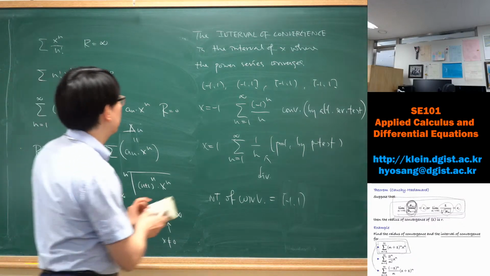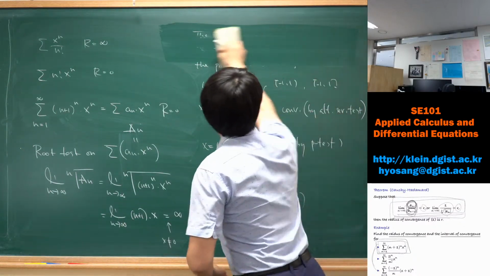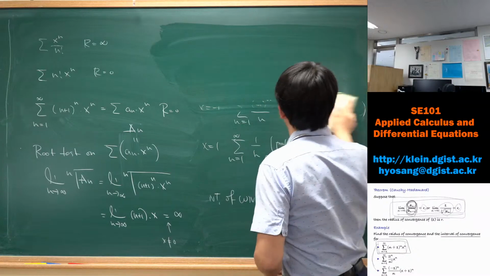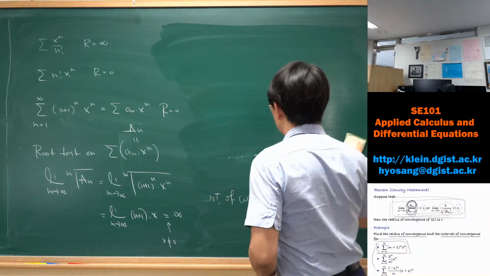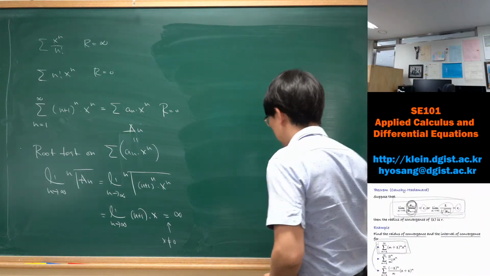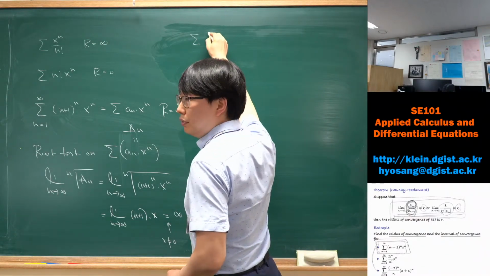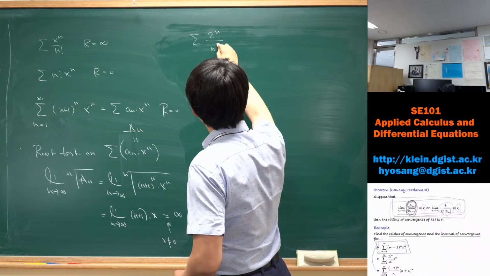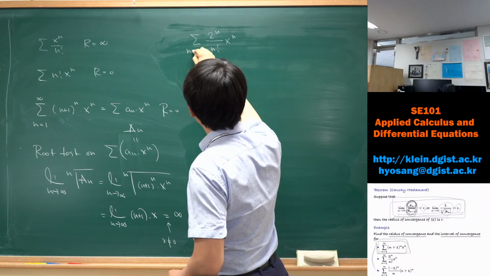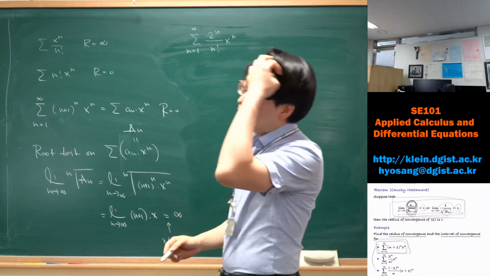Let's look at the second one. So we have 2 to the power of n times n factorial, x to the power of n, when n goes from 1 to infinity.